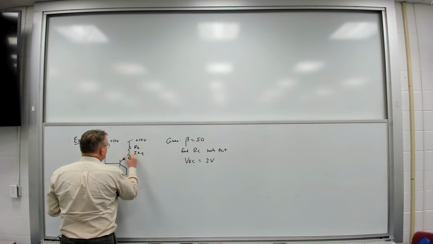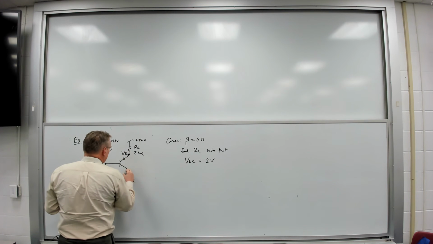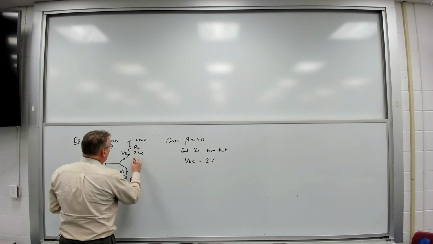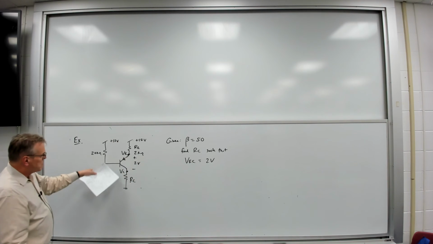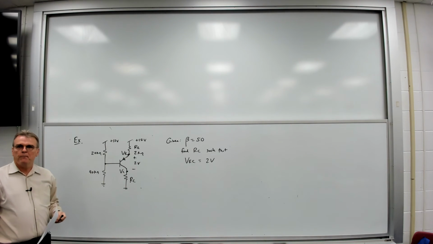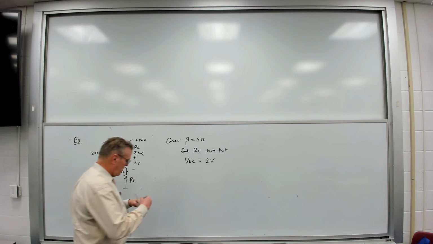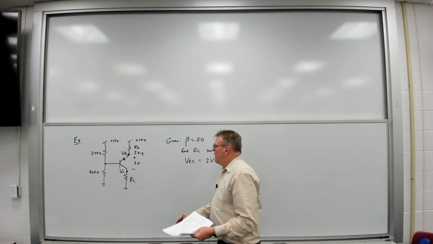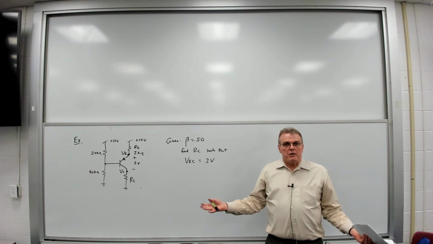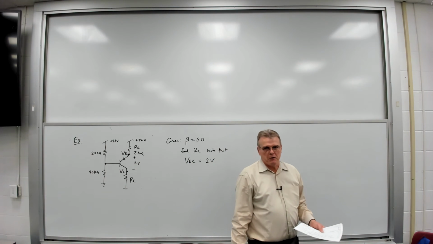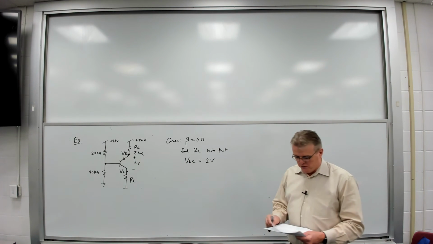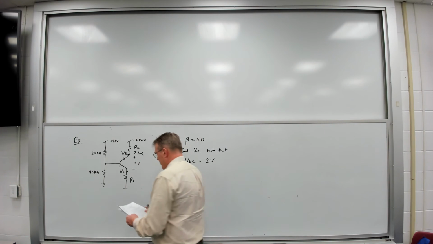So this is VE, this is VC. I want VEC to be equal to 2 volts between the emitter and the collector. All right, let's solve this. Obviously, the transistor has to be turned on in order to have the voltage drop across that collector-emitter junction. So that's a given. The transistor's on, or it's going to be on.